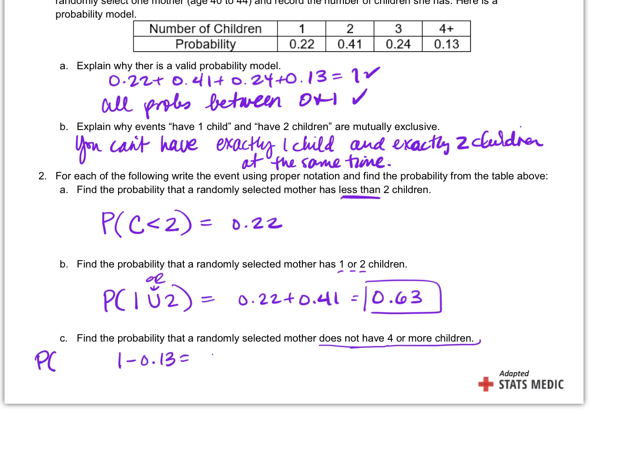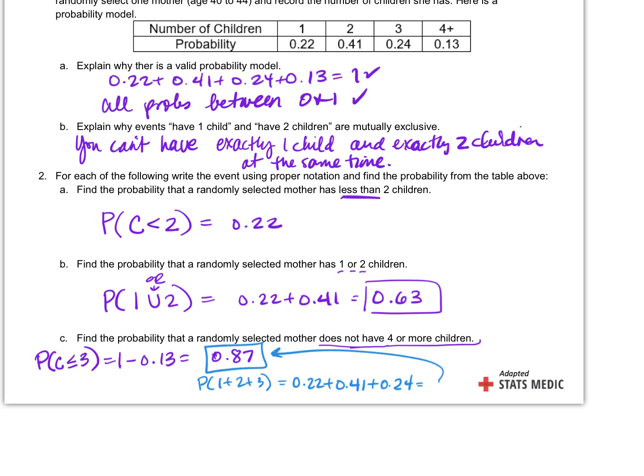So if she does not have 4 or more, that means she has less than or equal to 3, right? 0.87. Now, another way you could have done this is you could have just added probability of 1 plus 2 plus 3. And you would end up at the same place. You would still get 0.87. Either method's fine.